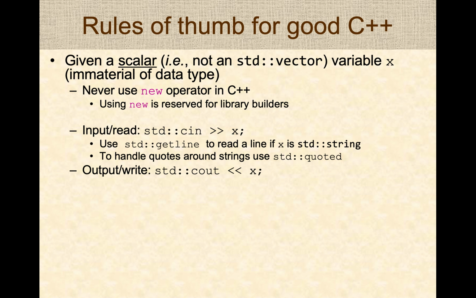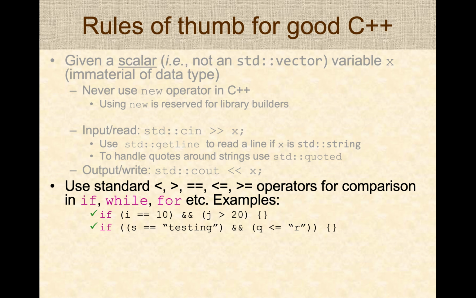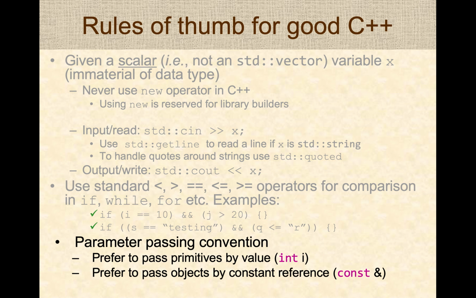If you need a full line of input, use the getline method, and of course use the std::quoted method to handle quotations. For output, use the stream insertion operator, less than, to print these values. Always use the standard comparisons both for primitive and object data types. This will make your life simpler as you go through and develop programs.